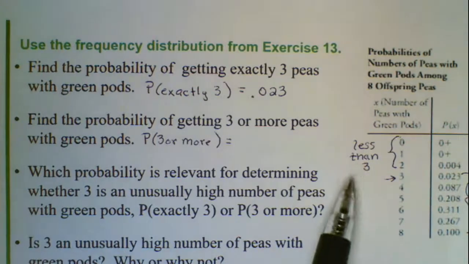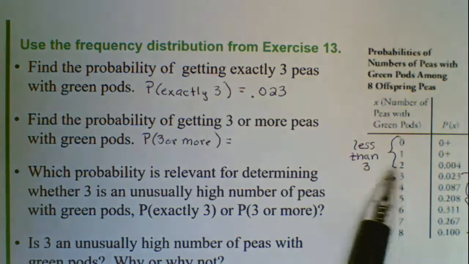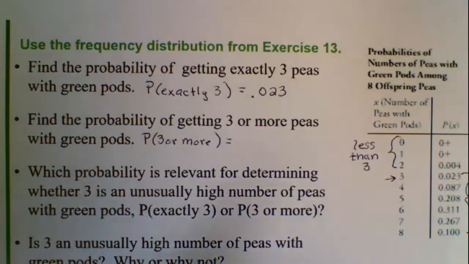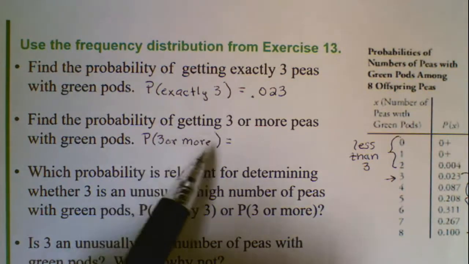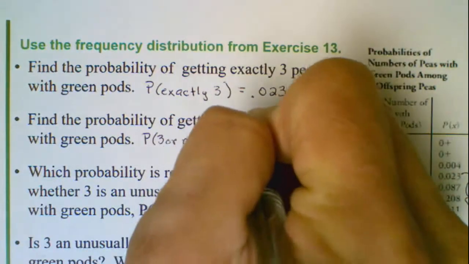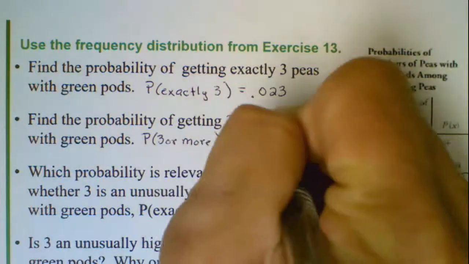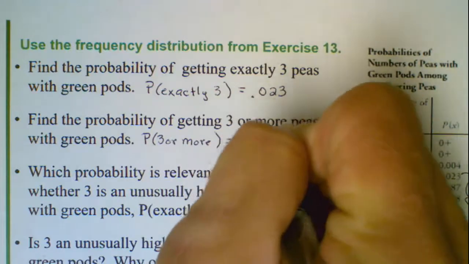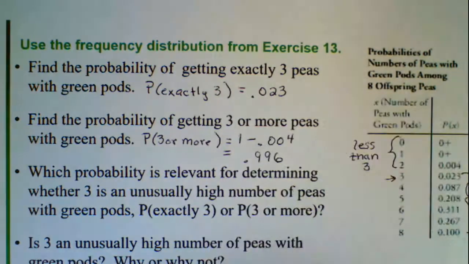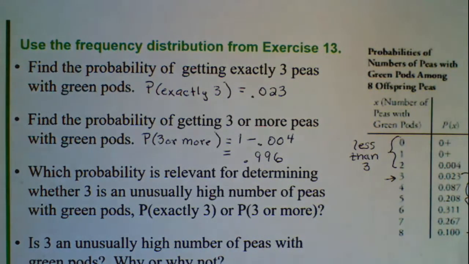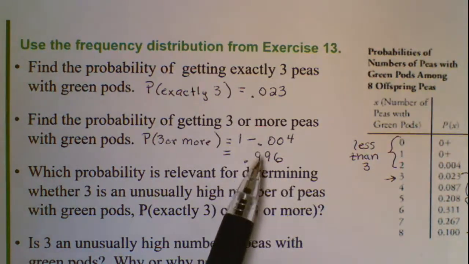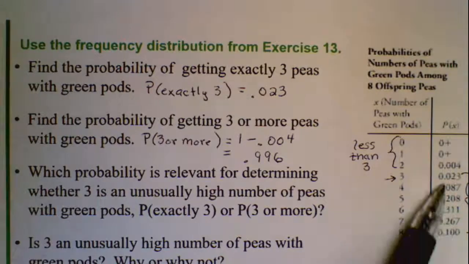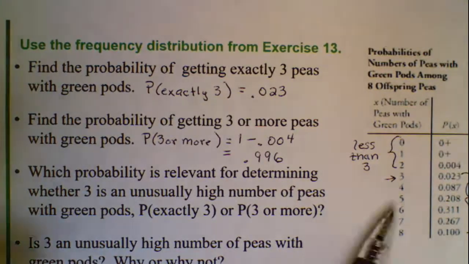The probability of less than 3 green pods is just 0.004. So the probability of 3 or more green pods is 1 minus 0.004. And that's 0.996. It was a lot easier to find the complement of less than 3 than it would have been to add up these 8 probabilities for 3 or more.